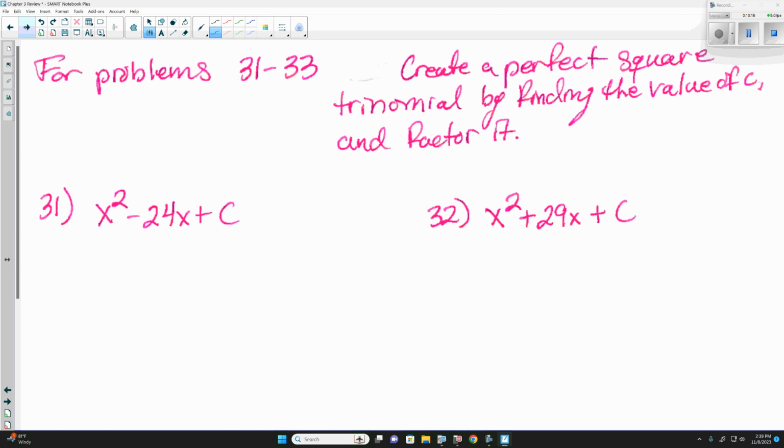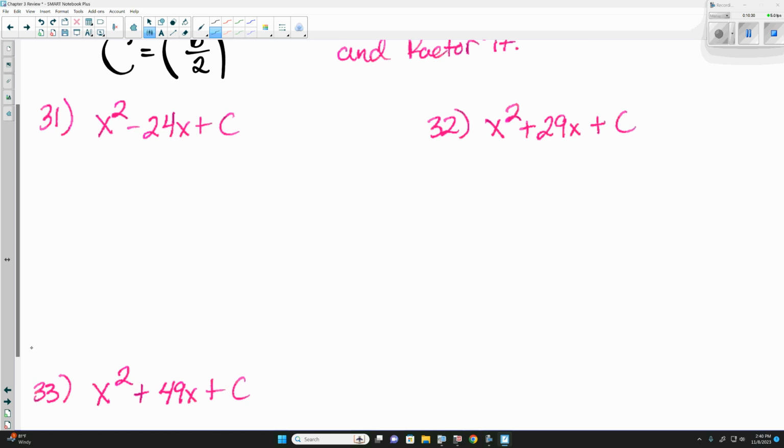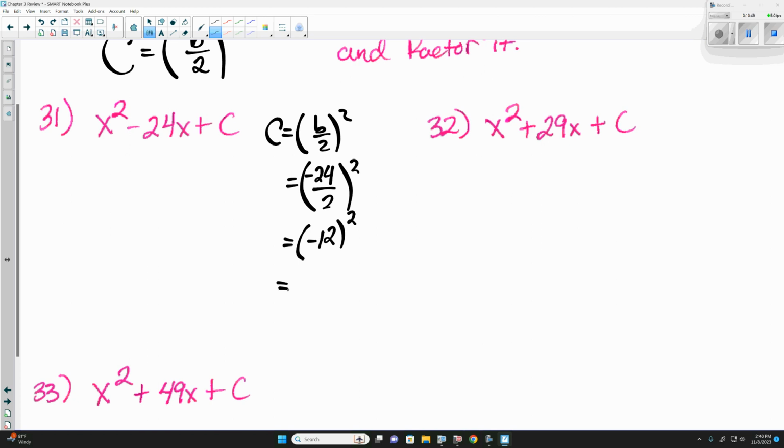For 31 through 33, find the value of C and then find our perfect square trinomial and factor it. Well, C is equal to b over 2 squared. So here, C is equal to b over 2 squared. B is indeed negative 24, so we get negative 24 over 2 squared. Negative 24 divided by 2 is negative 12.